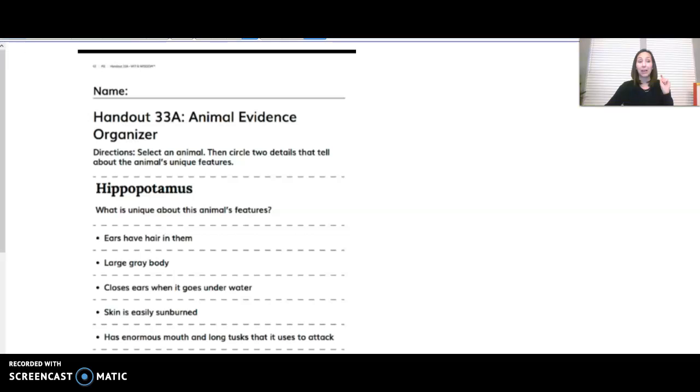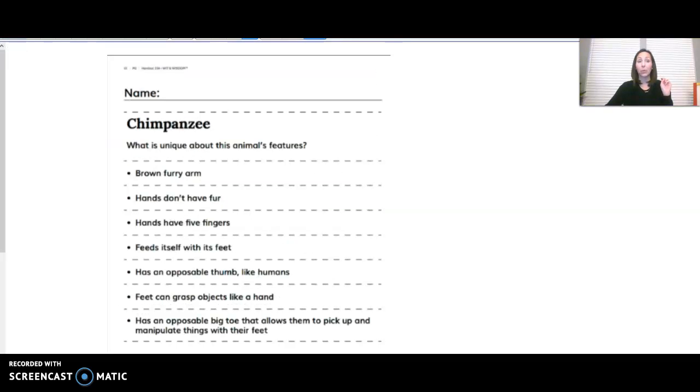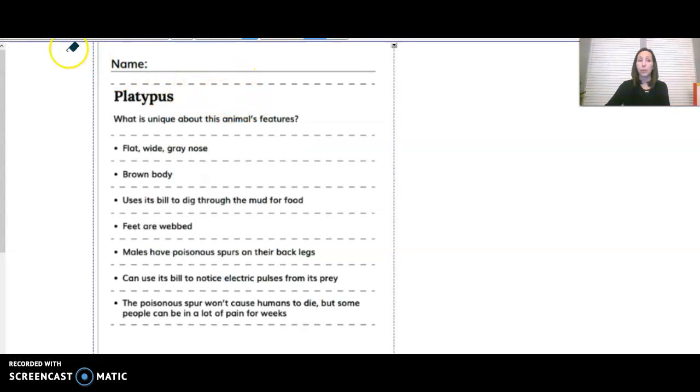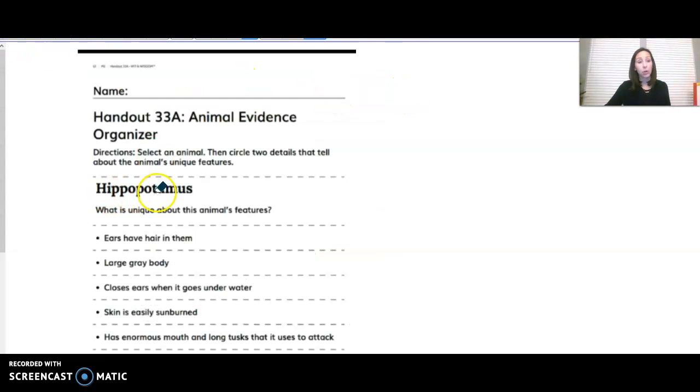Once you've decided your animal, you'll only need that page from your workbook for the animal that you chose. I'm going to choose the chimpanzee for my example, so I'm only going to turn to the page that says chimpanzee. I'm not going to worry about the platypus page or the hippopotamus page.